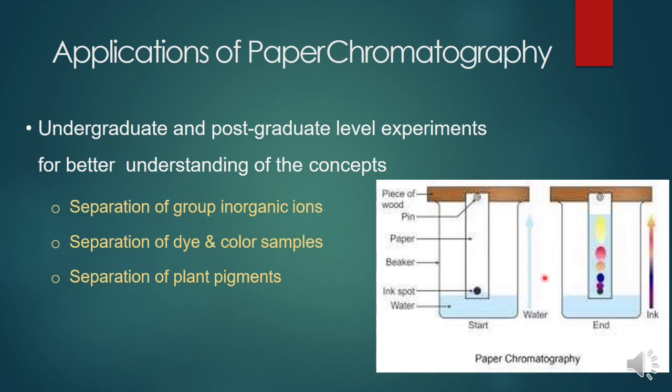And if we take an orange ink or orange colored dye, we think it is orange, but if we run an experiment on it, the red and yellow colors will be separated. So we are separating dye and color samples also.